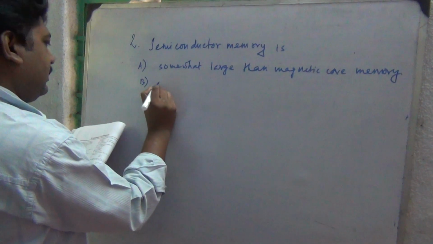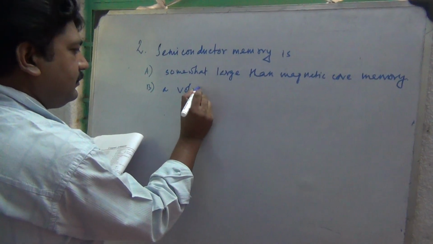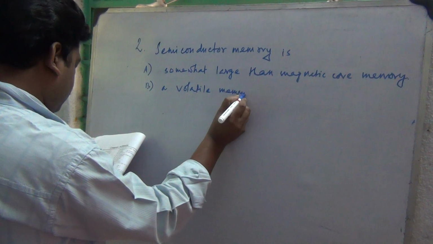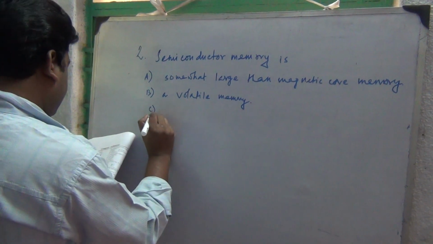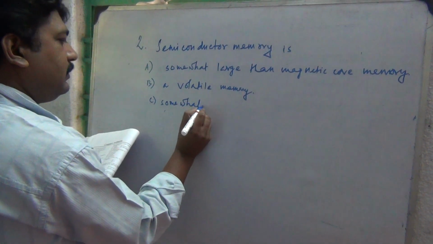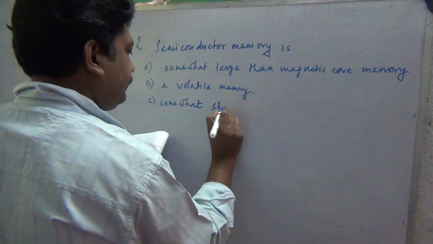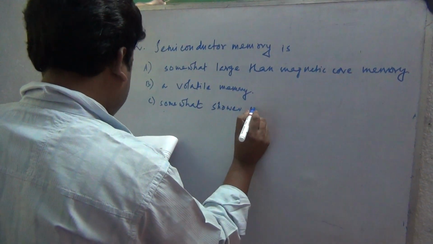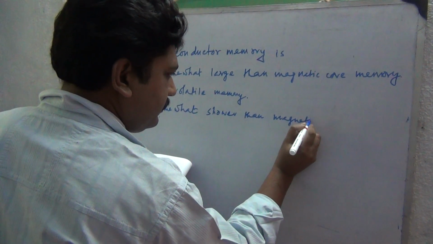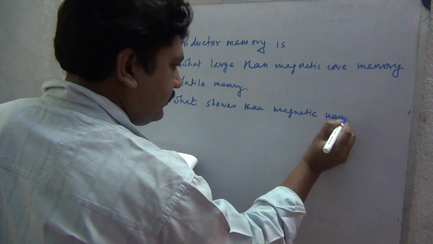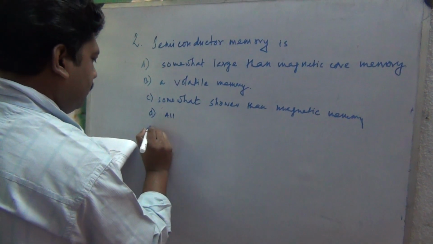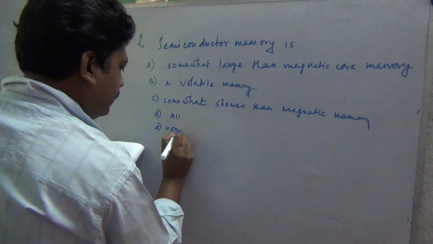Number B, a volatile memory. Number C, somewhat slower than magnetic memory. D, all, E, none.